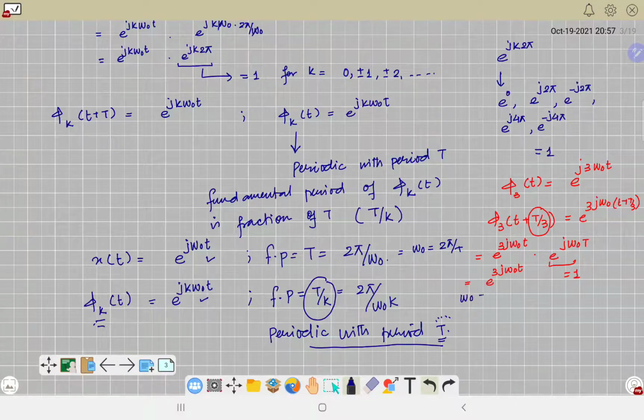omega naught will be 2 pi by, if you do this kind of 2 pi, it is omega and this. So you can do a similar analysis. Its time period is this, so there will be a parameter T involved.